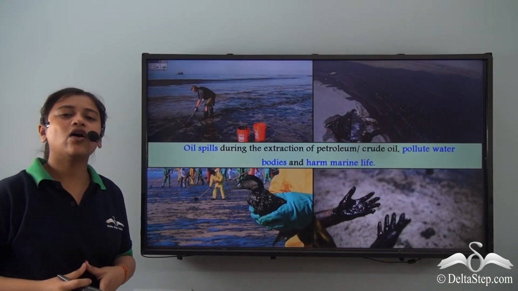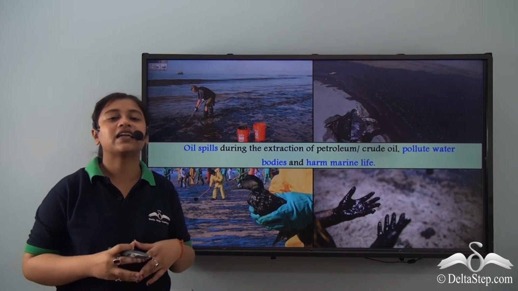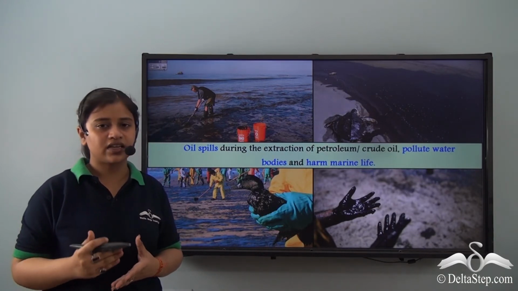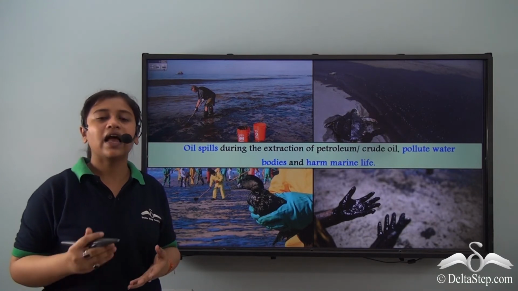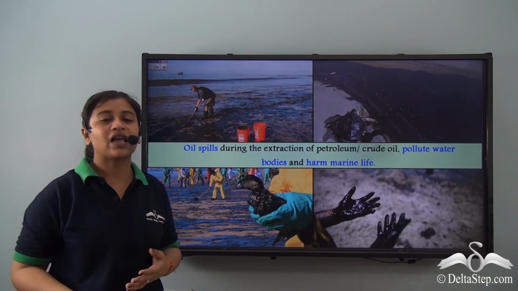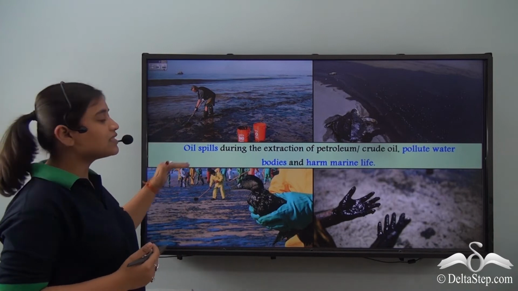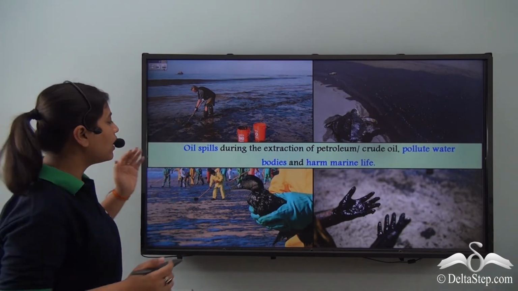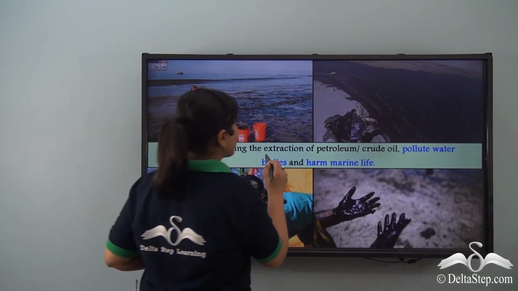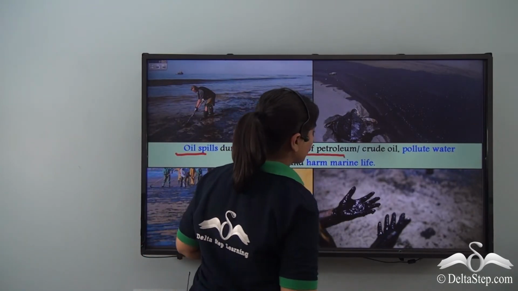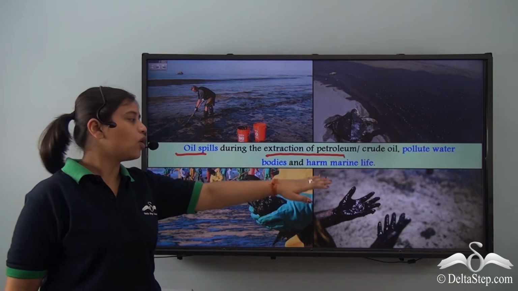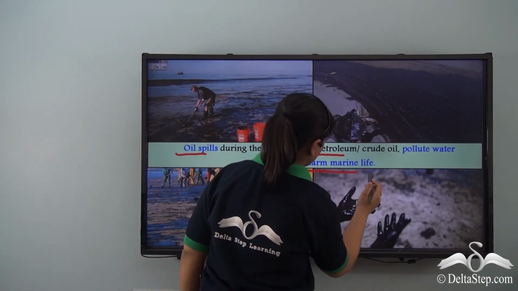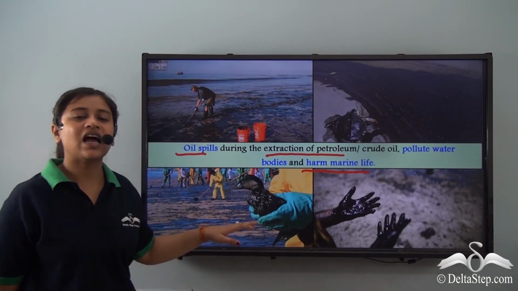So burning of petroleum-based fuels can lead to the emission of harmful greenhouse gases that can be very, very dangerous and can also add to air pollution. Other than that, oil spills are a major issue that is being faced globally. Oil spills during extraction of petroleum or crude oil pollute water bodies and harm the marine life, both marine plants and animals.